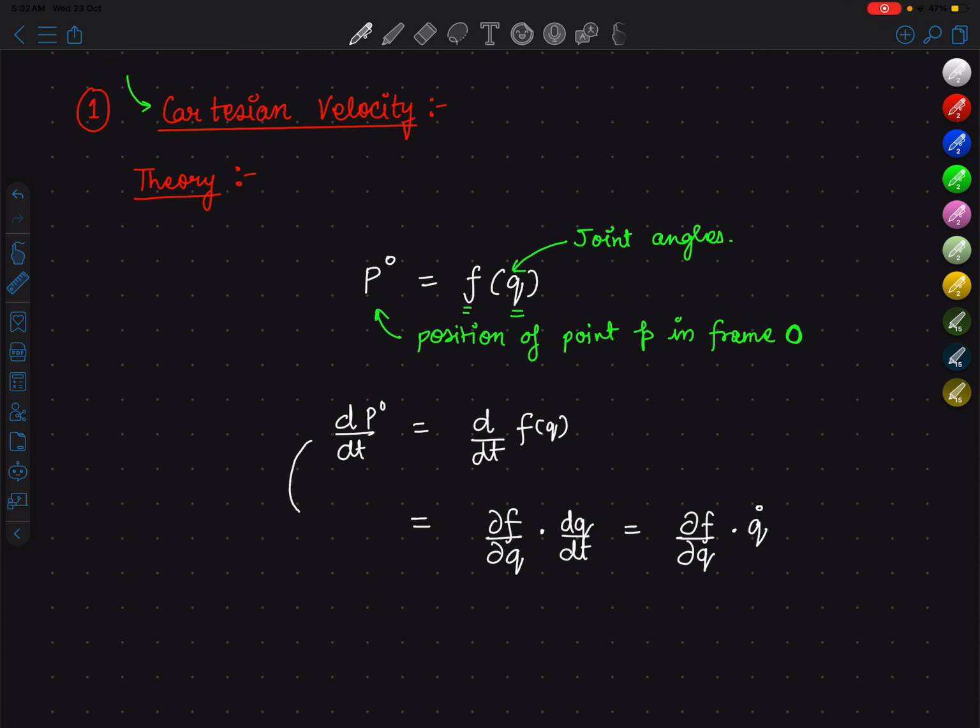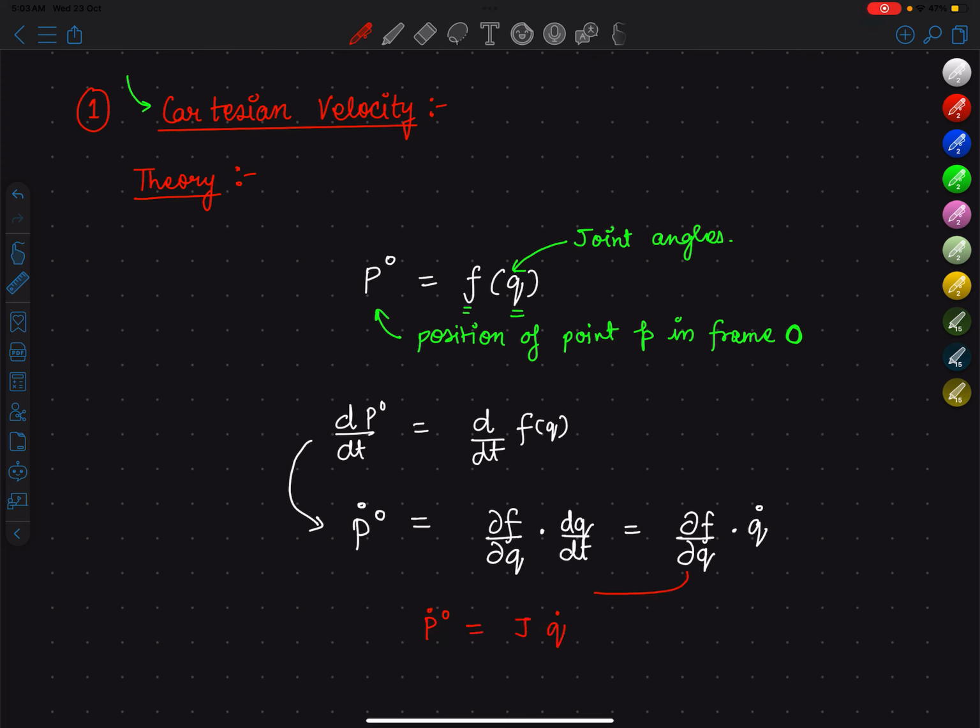On the other hand, this is dP0 by dt, which can be written as P0 dot. So basically this is the velocity of the point we are considering, the reference point or the end effector point. So we can write that P0 dot equals J q dot.